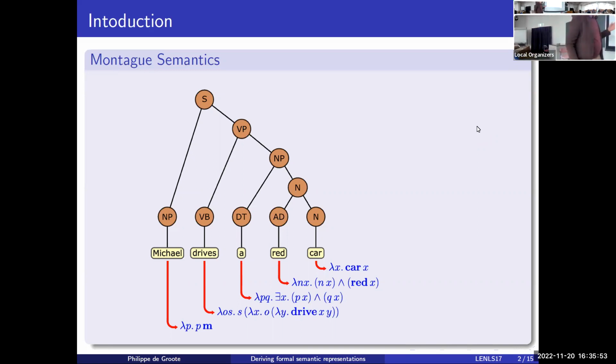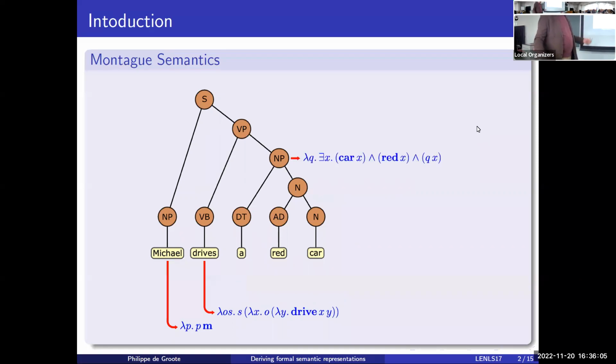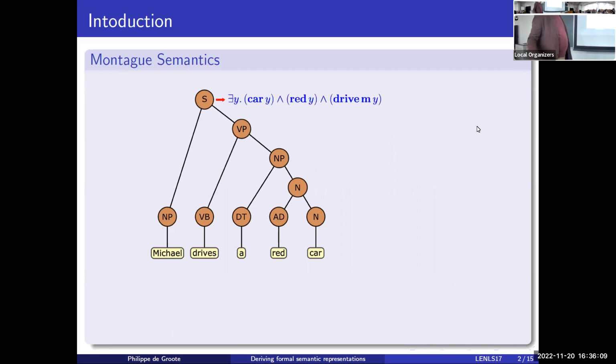So, for instance, from the semantic recipe of red and the semantic recipe of car, one computes the meaning of red car, and so on and so forth. A red car, the verb phrase drive a red car, and finally we obtain the semantic representation of the complete sentence. And of course, this process is completely based on the notion of constituent.